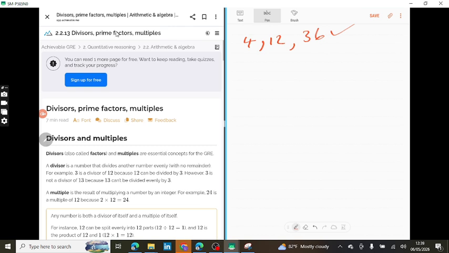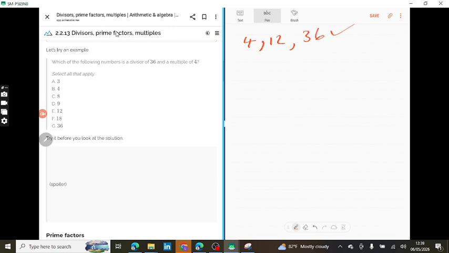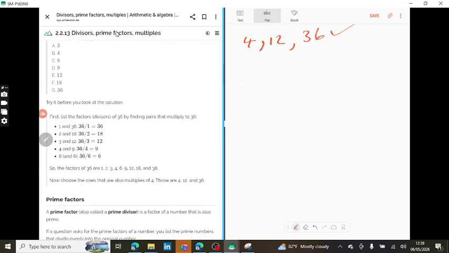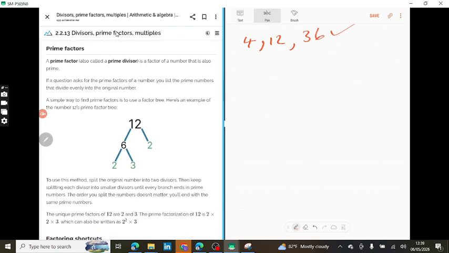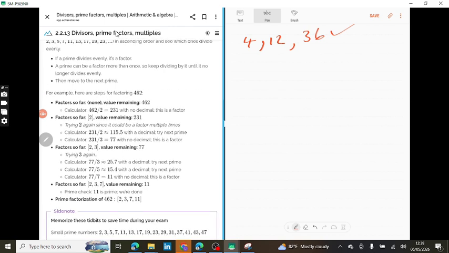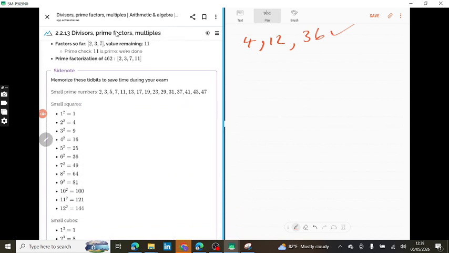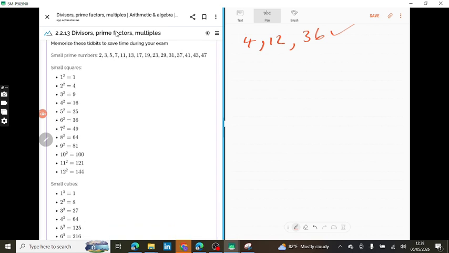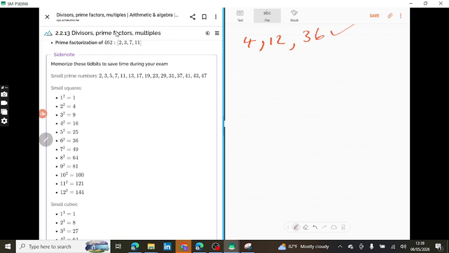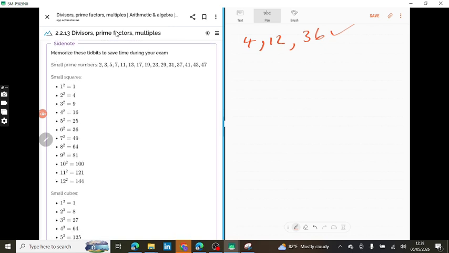Okay, you can practice on your own. Or generally you can go to Khan Academy, search prime factorization and start practicing.